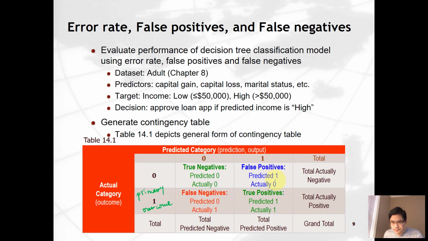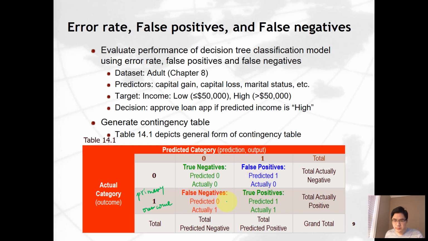Okay, now, so as I said, off diagonal cells denote the true outcomes of the prediction. When the classified label as well as the actual outcome is 1, it's a true positive case. Higher income earners are classified as higher income earners. When the classified label is 0 and the actual outcome is 0, these are true negatives, which means lower income earners are correctly classified as lower income earners.